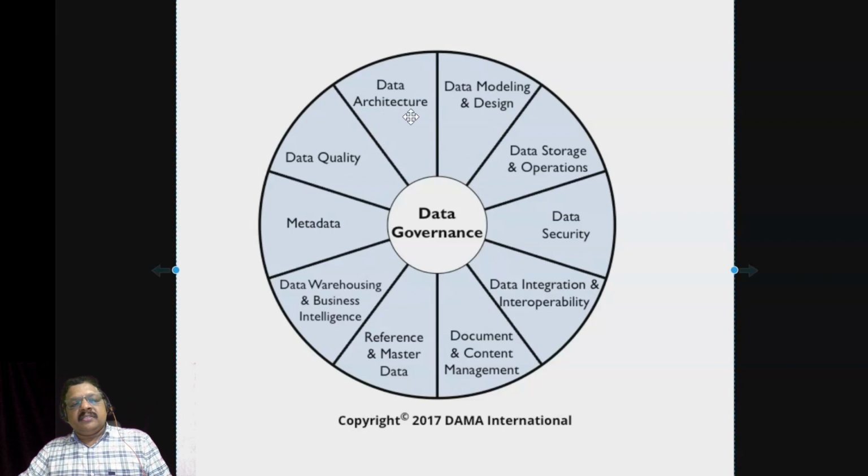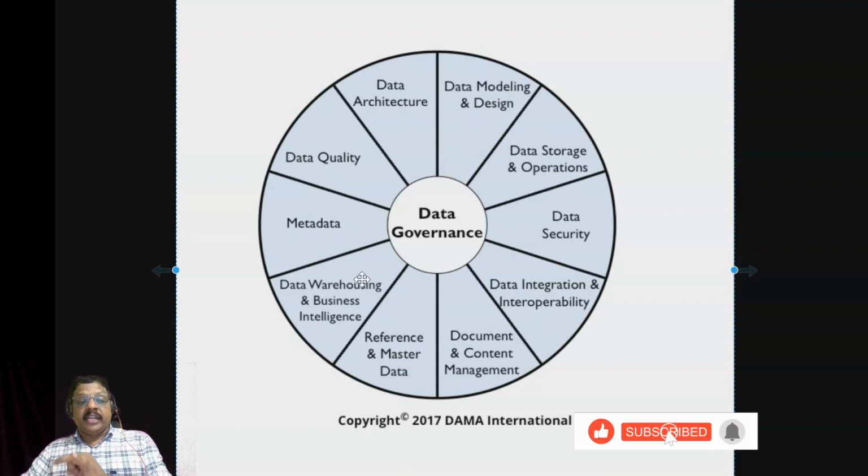So remember, data architecture, then second pillar is data modeling and design, then data storage and operations, data security, data integration and interoperability, document and content management, reference and master data, data warehousing and business intelligence, metadata management, and data quality.